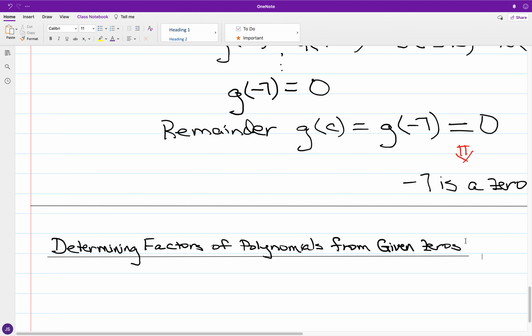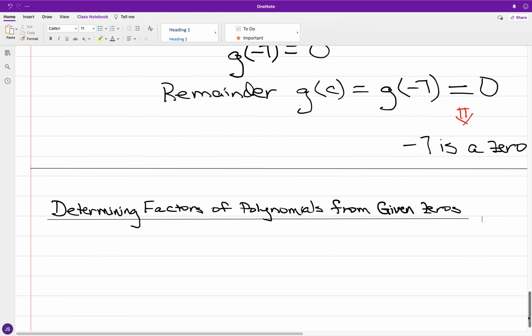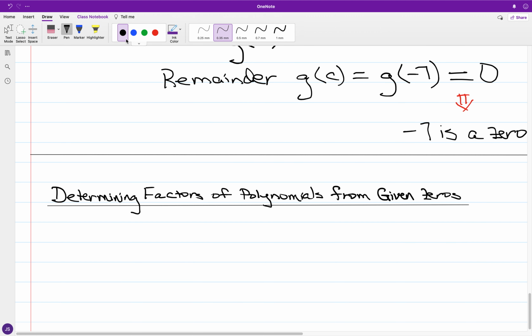Okay, so now we looked at given zeros in the case of forming factored and expanded forms of polynomials. But now, where we're looking at given zeros, you're looking at determining factors of polynomials.